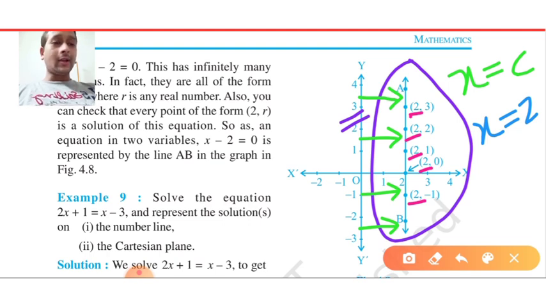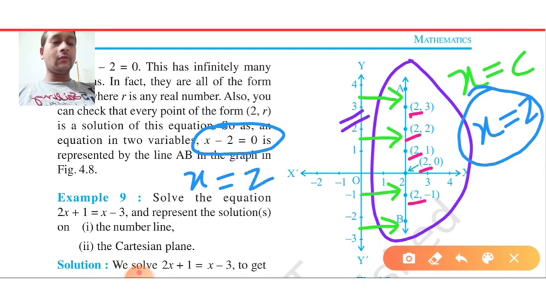So this is the equation parallel to the y-axis in this case. If you bring this 2 onto the left hand side, we have x minus 2 equal to 0. It was previously x equal to 2. So remember, the line parallel to the y-axis is always x equal to c.